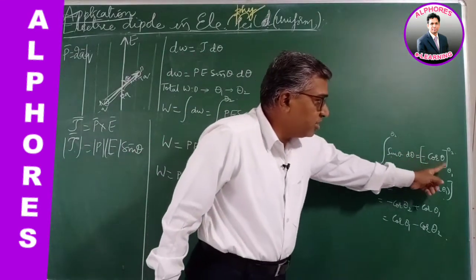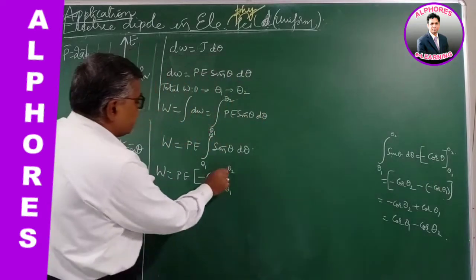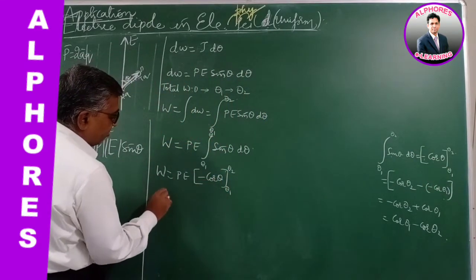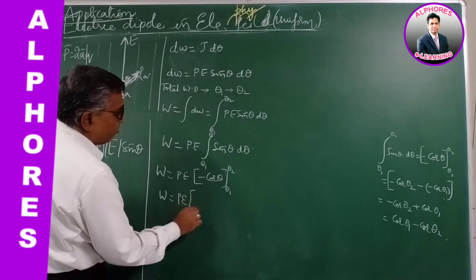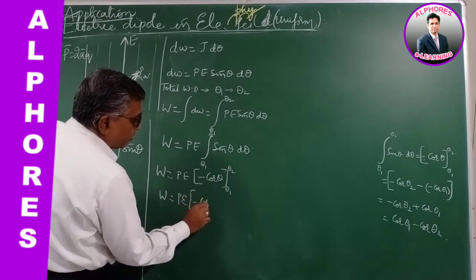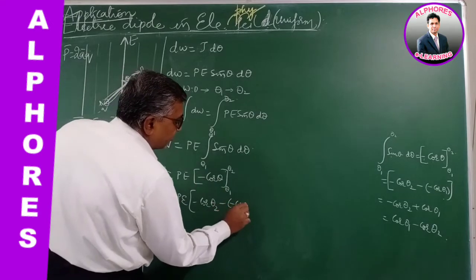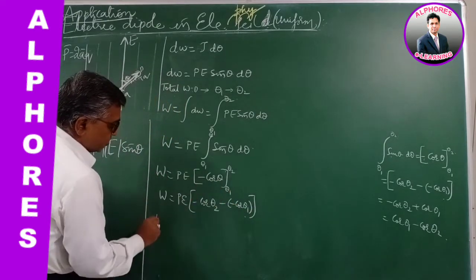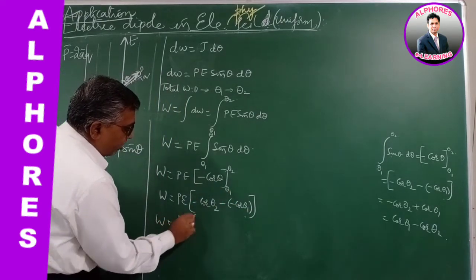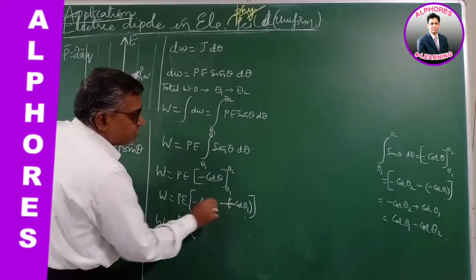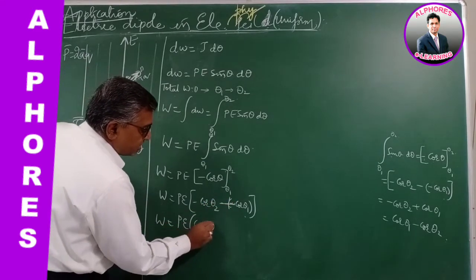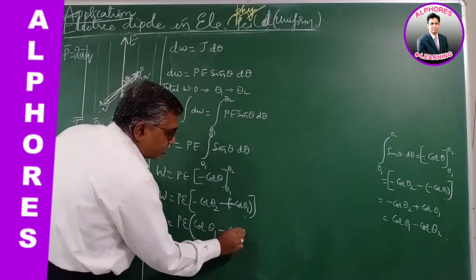Substituting the upper and lower limits, work done is PE of minus cos theta 2 minus of minus cos theta 1. Minus of minus becomes plus, so it is cos theta 1 minus cos theta 2.